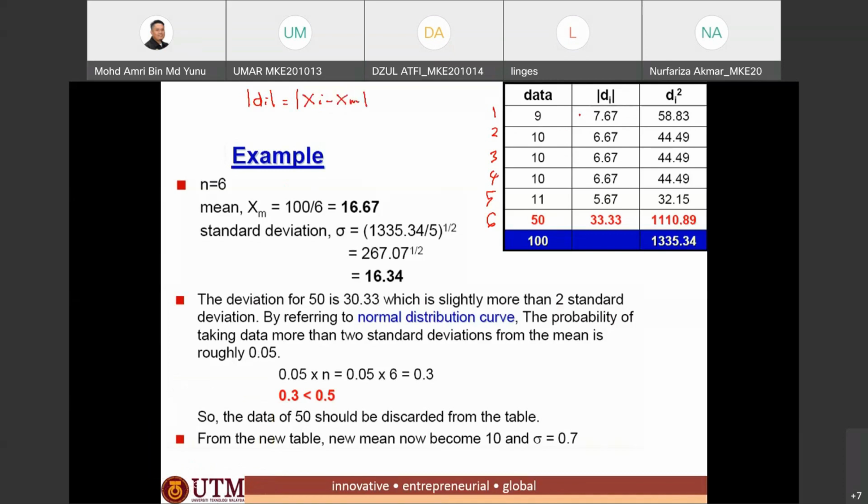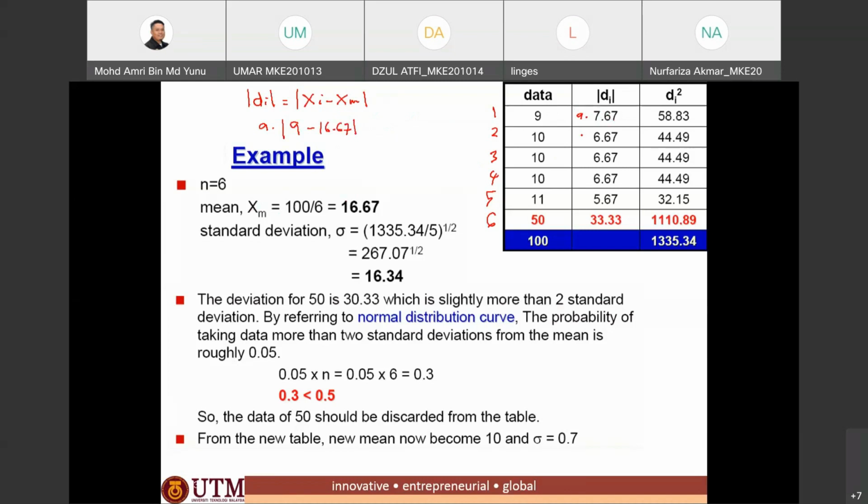For example here, A is the data value 9 minus the mean value 16.67, so we get 7.67.